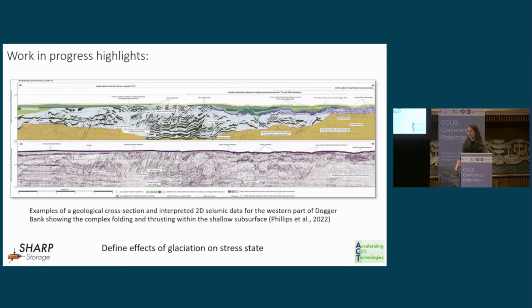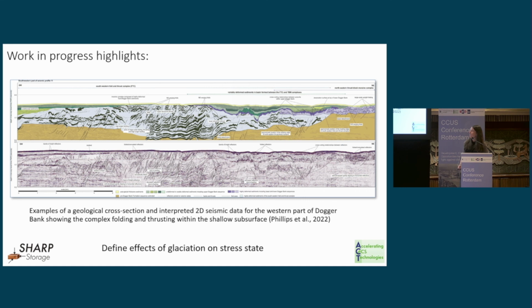And then one of the things about this project is to also include the stress in the overburden, the glacial contribution. There has been glaciations of large parts of the North Sea, and we can clearly see on the stress trends that it is contributing.